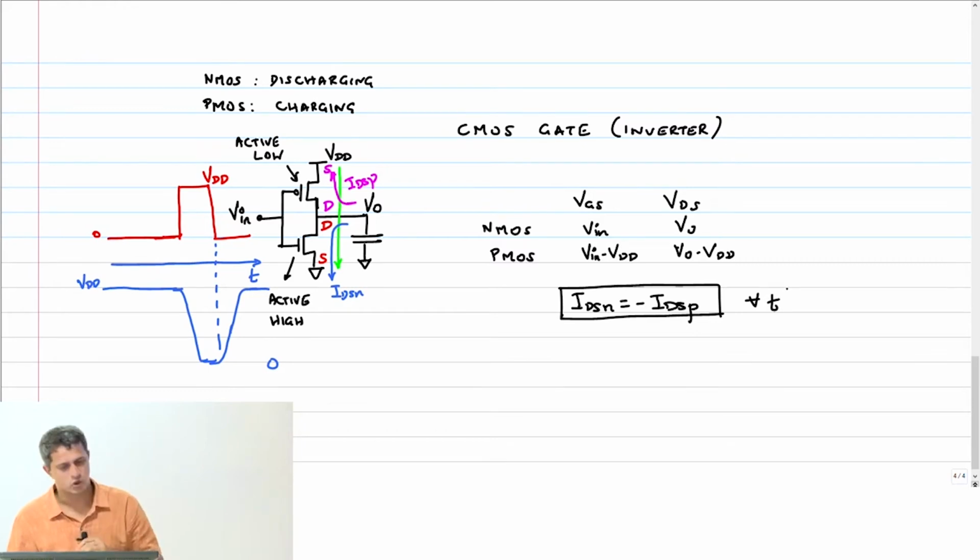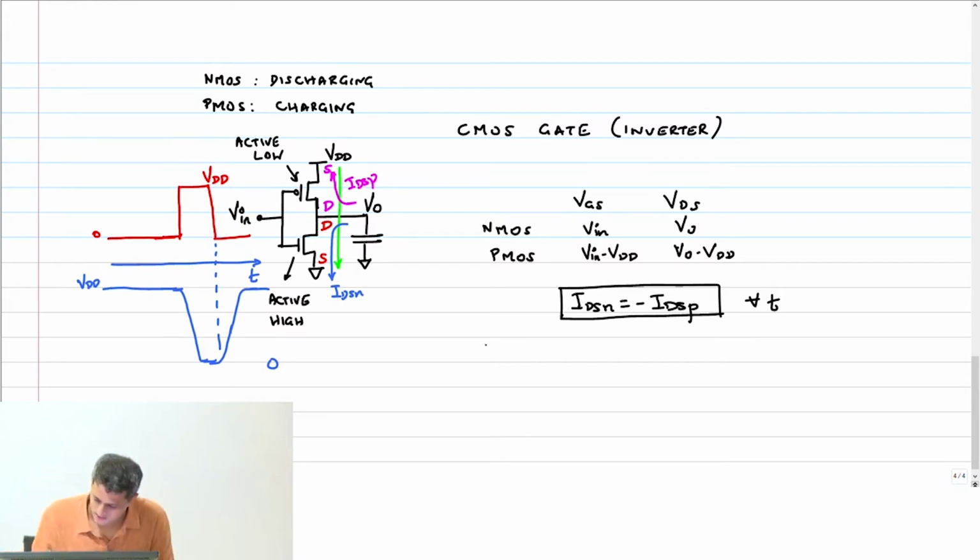Now assuming that the transistor is ideal, suppose the input were 0, what is IDSN? It's an ideal transistor, input is 0, what is IDSN? 0, right? Therefore the current through the PMOS also has to be 0. Which means that the drain voltage will adjust itself so that you get this 0 current happening appropriately.